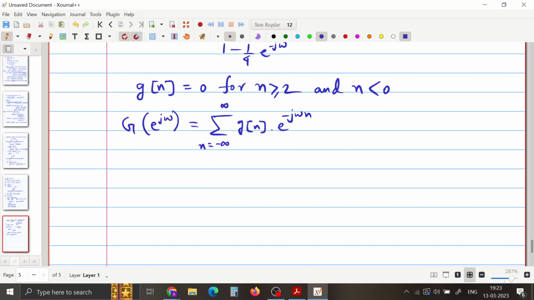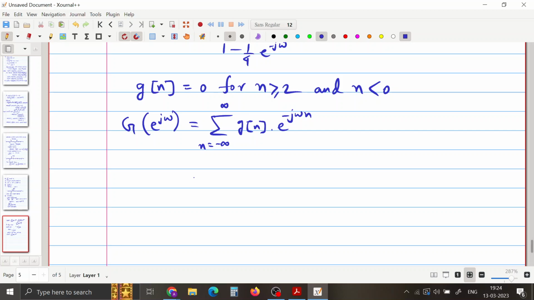But this entire summation will ultimately contain only two terms, because g of n is non-zero only for n equals 0 and n equals 1.